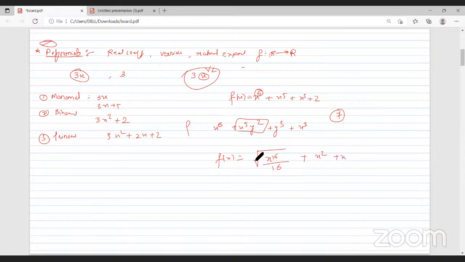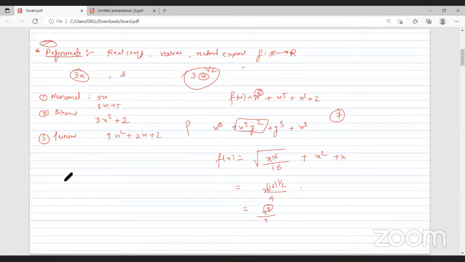The degree is 8, because I can write the square root as the power 1 by 2, so x to the power 16 by 2 equals x to the power 8. So the degree of this polynomial is 8. I think that is clear to everyone, what a polynomial is and how to find its degree.